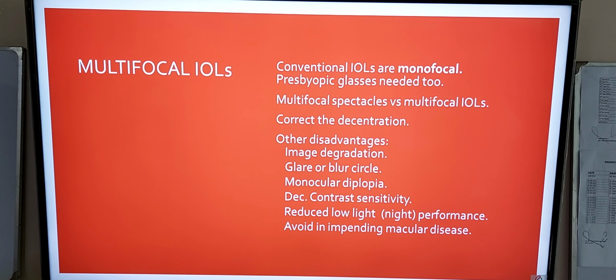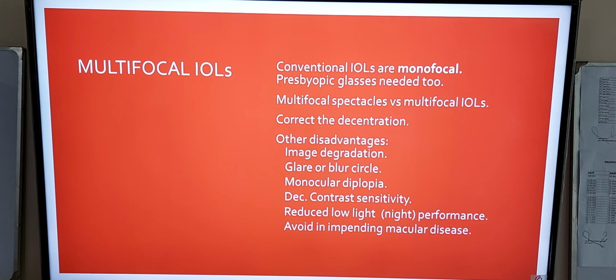A problem with multifocal IOLs is that if there is decentration, then the image is not achieved with clarity. Centration is achieved when the visual axis passes exactly through the multifocal lens. If it is not passing, then there is decentration and the image will not be formed clearly. So the decentration must be corrected, for example via surgical procedures.